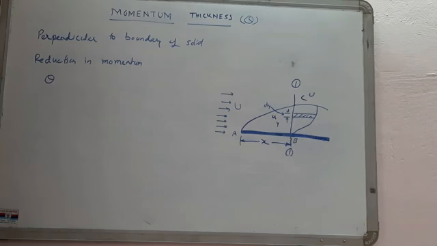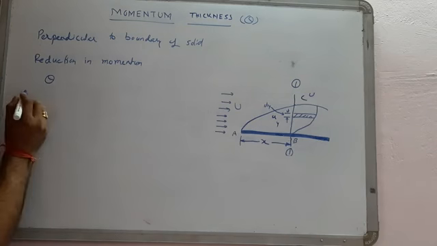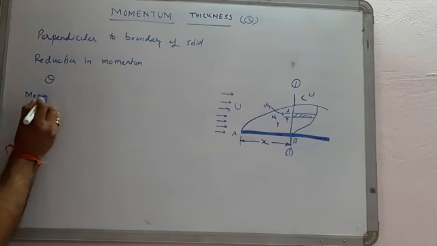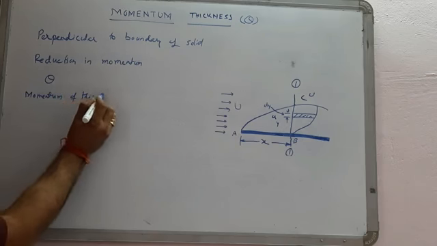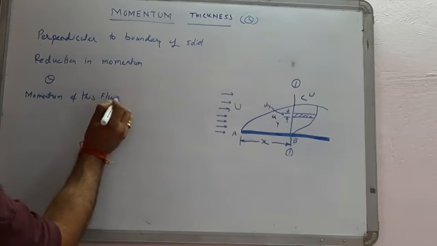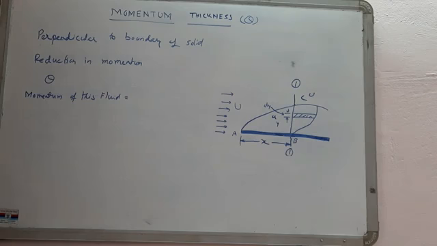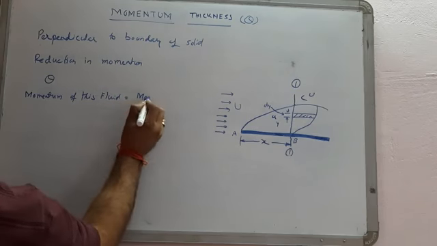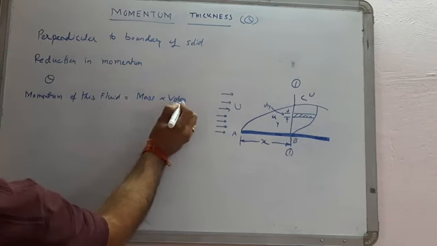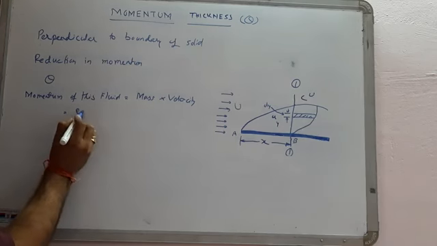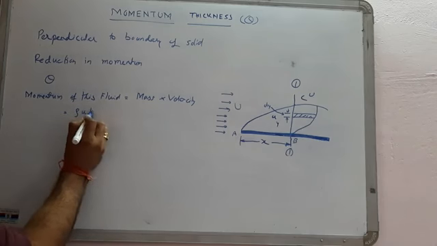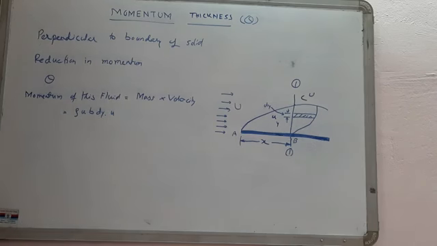So the momentum of this fluid is equal to mass into velocity, that is equal to rho u b dy into u.